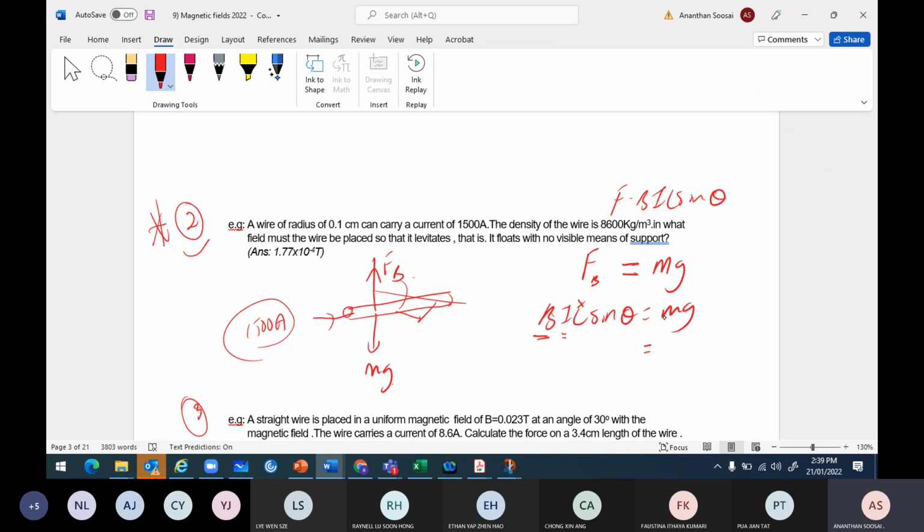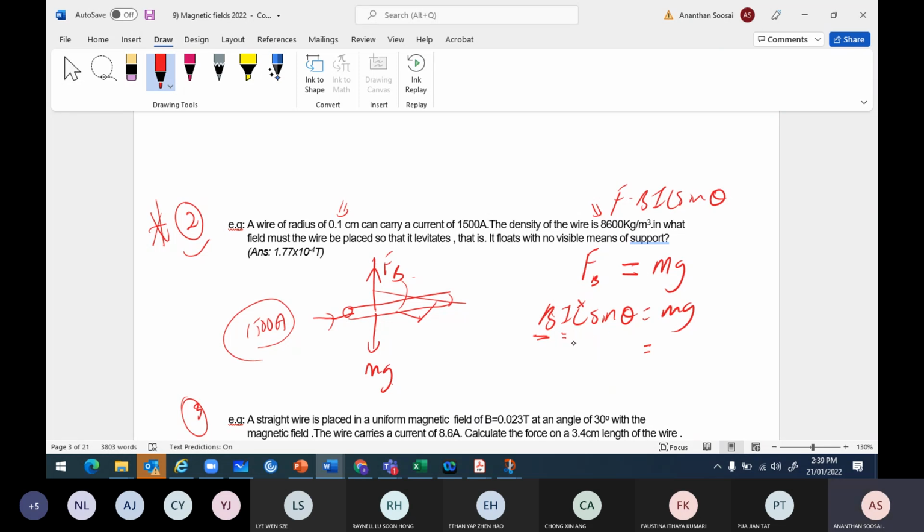So mass, do you know? Mass also not given, but density is given. Density given, radius given. This is a trap. So how do you use the radius and the density as a substitution for the L and mass?